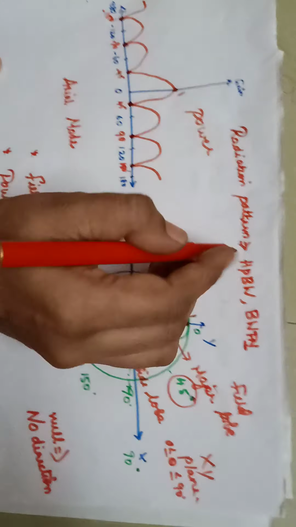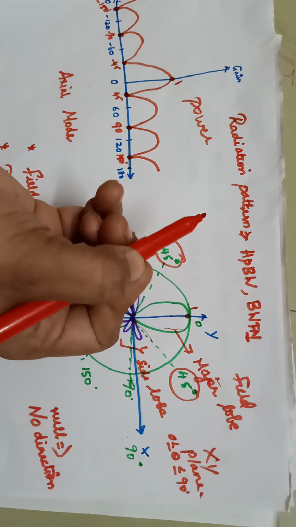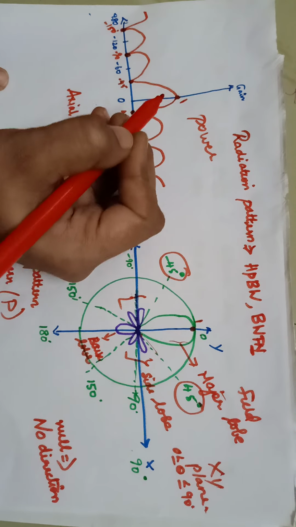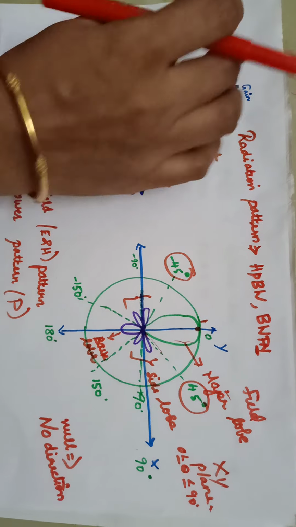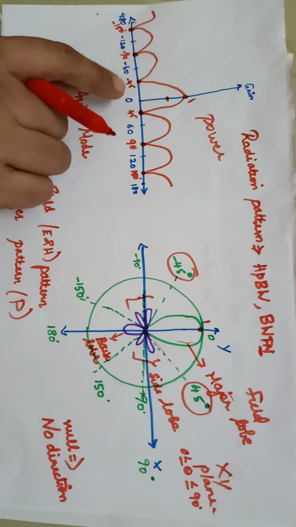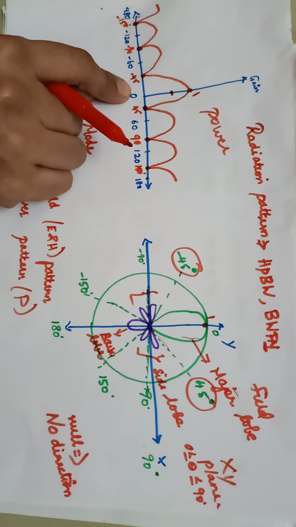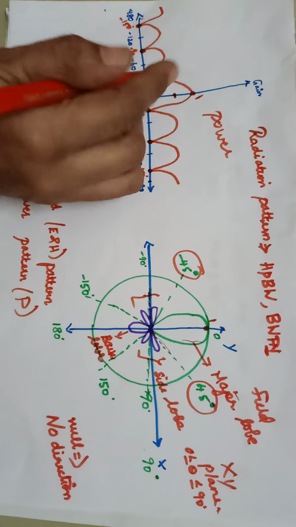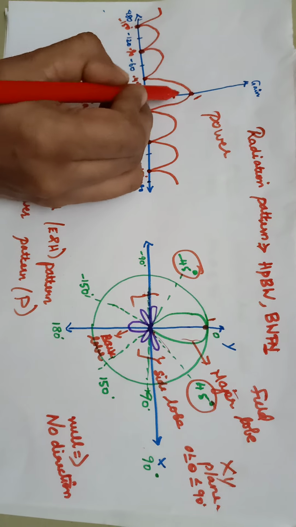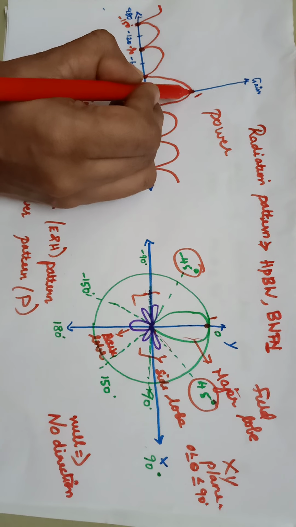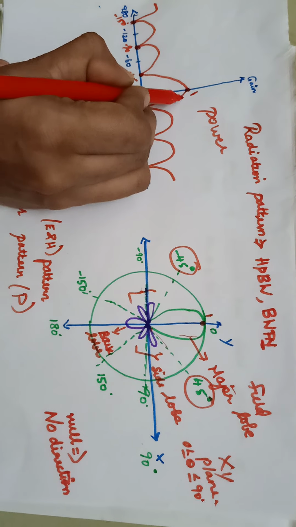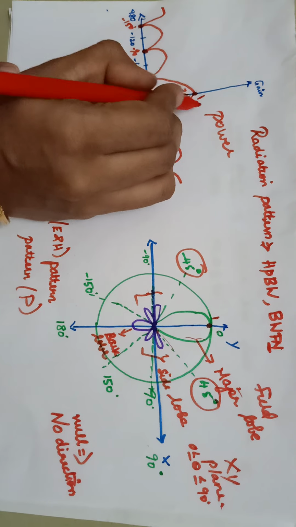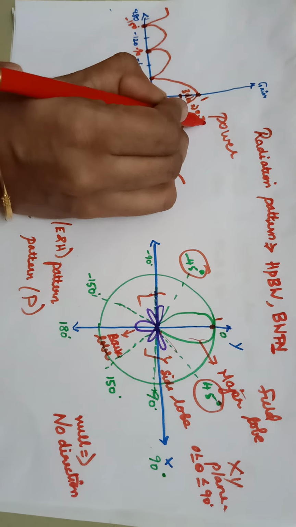What is the concept here? Half power is when the power has fallen down to half of its value. So take the power pattern. I am taking the power pattern diagram. In this power pattern diagram, the angle at which it has fallen from the maximum value by 3 dB, where the 3 dB value is 1 by root 2, which is 0.707.